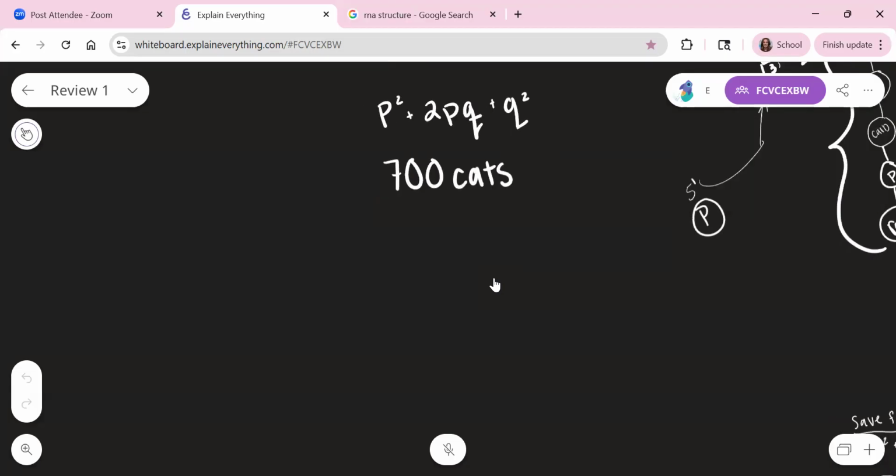So, we're going to have our dominant allele equals 0.81 and our heterozygous is going to equal 0.16.